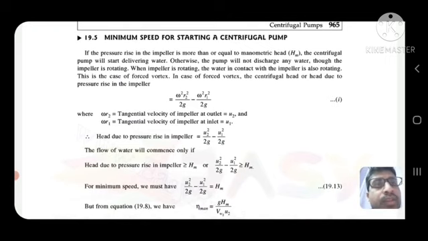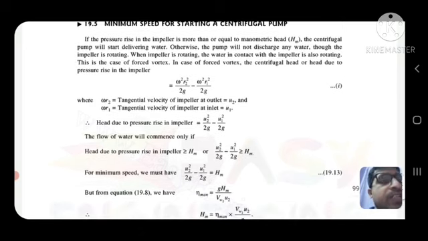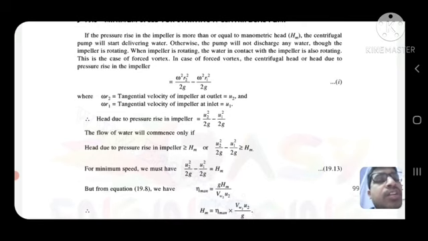Today, I am discussing the minimum speed for starting a centrifugal pump. If the pressure rise in the impeller is more than or equal to the manometric head, the centrifugal pump will start delivering water.